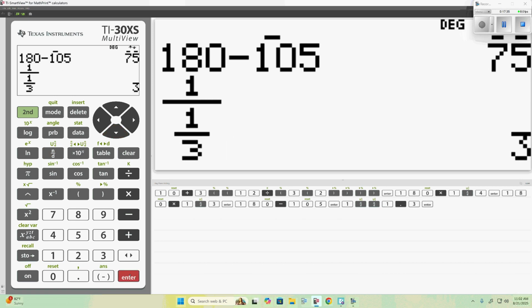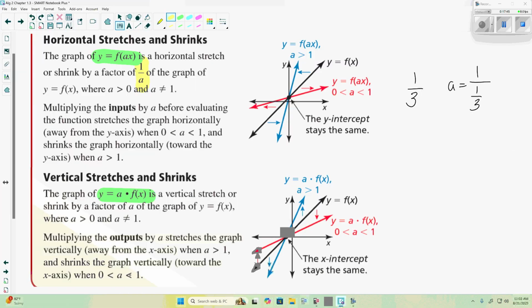When it talks about horizontal stretch or shrink, flip that fraction. This is the only one we actually have to do something to before we plug it in. Left and right, we just plugged it in with our sign. Here, horizontal stretch and shrink, remember we've got to flip whatever that amount is.